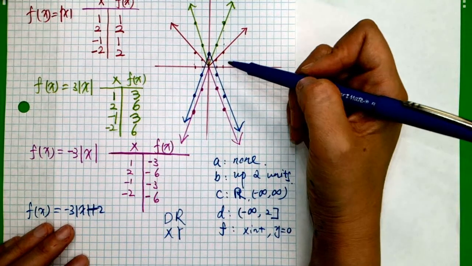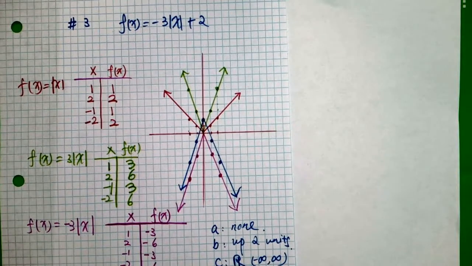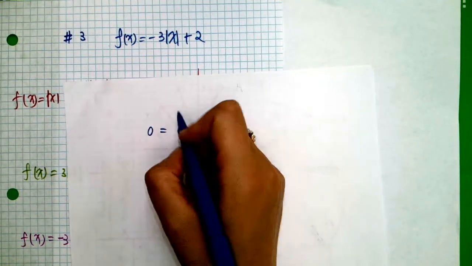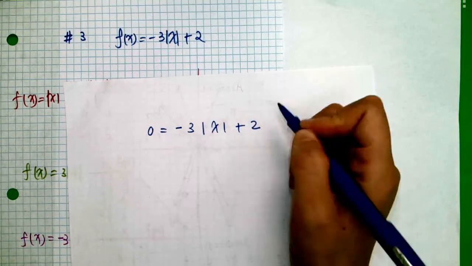In other words, we need to set the entire equation equal to 0 in order to find the x-intercept. So our function will become 0 equals -3 absolute value of x plus 2.